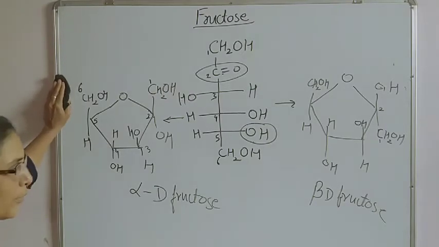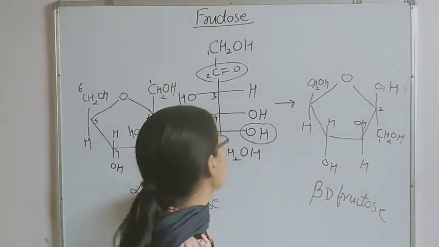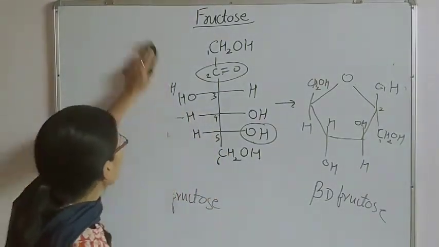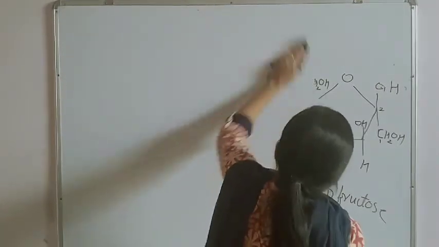After the structure of fructose, we will have some important definitions. Number 1 definition here is mutarotation.